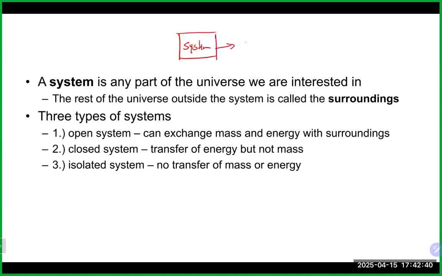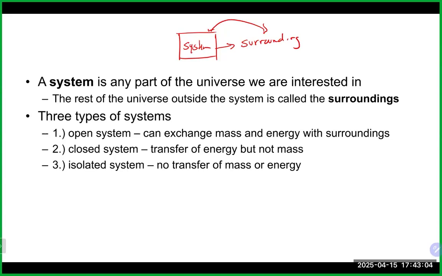And the rest of everything else is basically the surroundings. And in this particular case, we're going to talk about really energy and the flow of energy or heat from the system to the surroundings, or really even the surroundings back to the system. So we're going to have this sort of flow of energy occurring really in both directions.